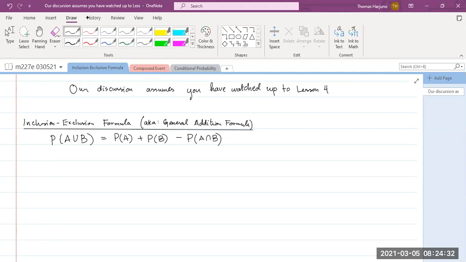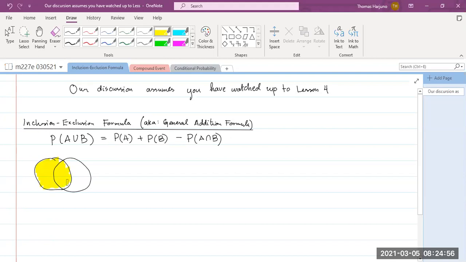Now, why is this true? Let's take a look. When we talk about probability of A union B, it refers to the probability of events that are included in the circles, in these glasses, I usually call that. It looks like 2 glasses.